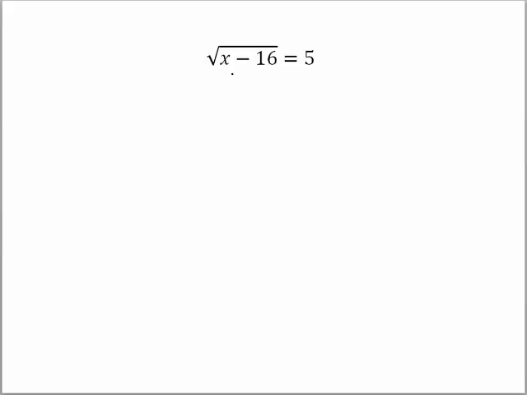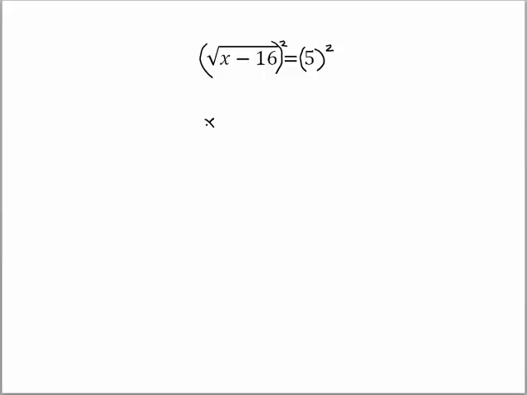Alright, in order to solve this equation, first of all we have to get rid of the radical sign. And we can do that by squaring this. That gets rid of the radical sign. However, we have to square both sides. As long as we do the same thing to both sides of the equation, we're not changing it.